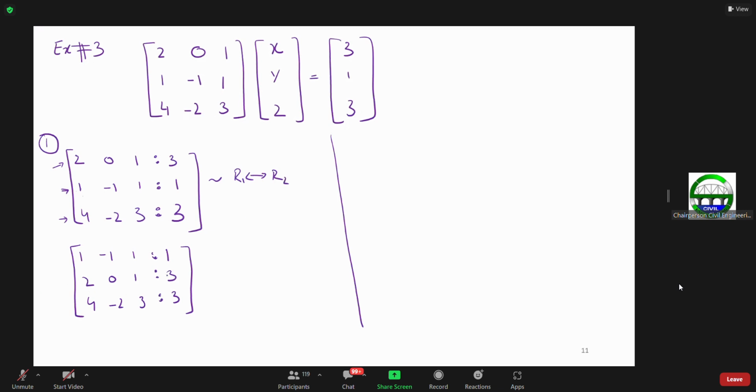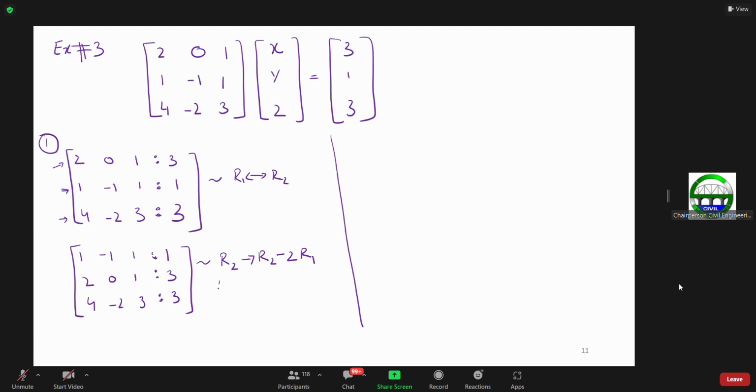For example, if I want to put the operation, I would say R2 is equals to R2 minus 2R1, right? R2 minus 2R1. Yes, we can write it.